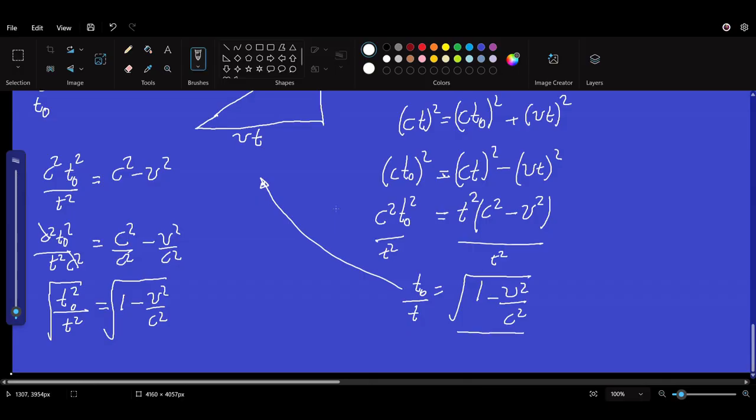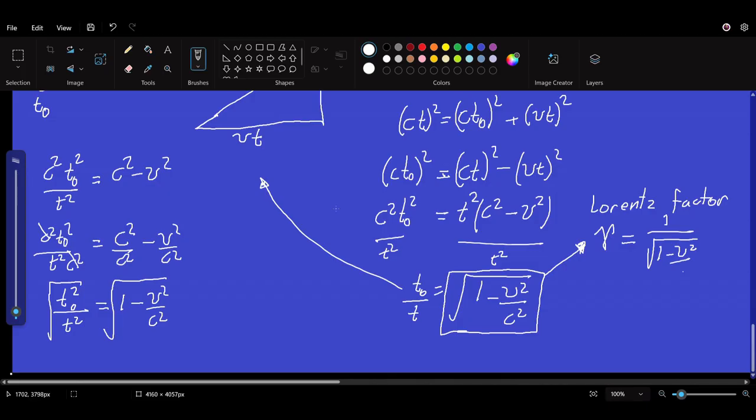This portion of the equation is known as the Lorentz factor, very important, represented by the Greek letter gamma. So the Lorentz factor will be equal to 1 over this expression. This is the Lorentz factor, 1 over this expression.